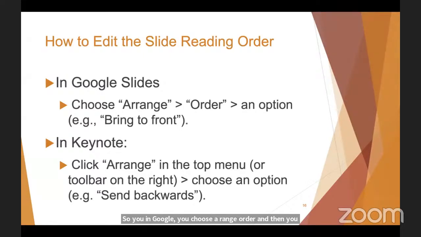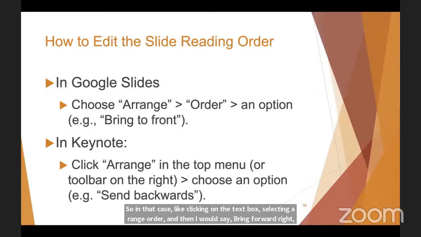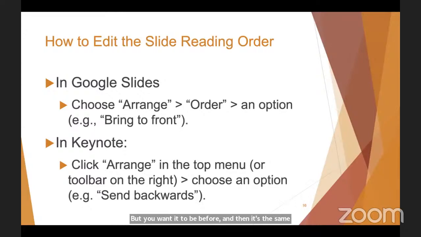In that case, I'd click on the text box, select arrange, order, and then bring forward, because you want the title to be first, before the slide number. It's the same kind of thing in Keynote. You click on arrange in the top menu, or if the toolbar on the right is open, there's an option there to do this, and then choose an option like send backwards or send forward.